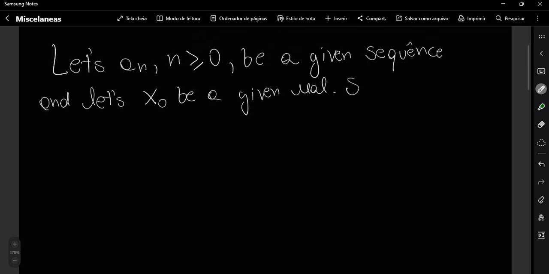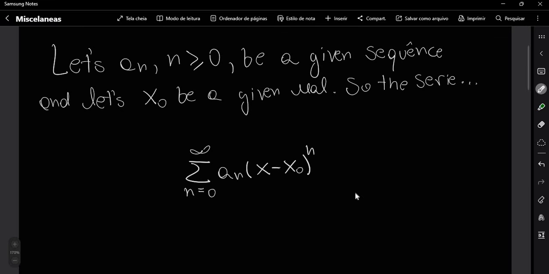So the series is an infinite sum which starts from 0, an infinite sum of a_n times (x minus x0) to the n.